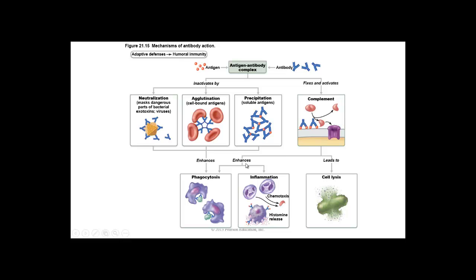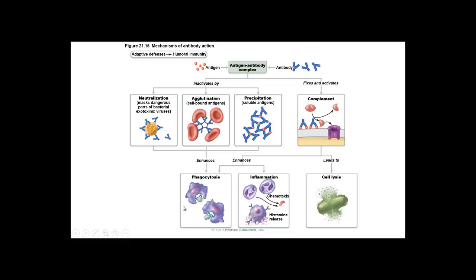And all of this complement is important for killing bacterial cells, promoting inflammation, and promoting phagocytosis by some of those macrophages that we talked about that are present in the tissues, like in the liver and the lungs.